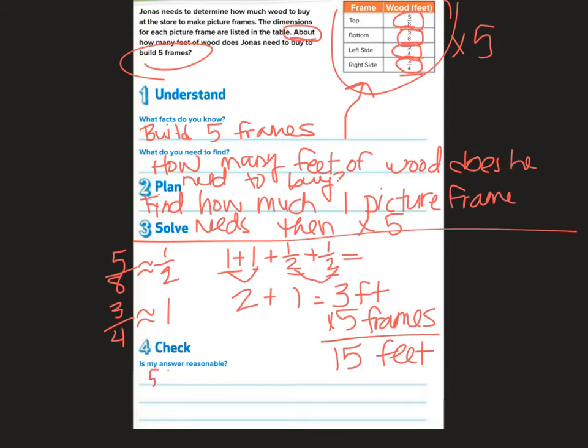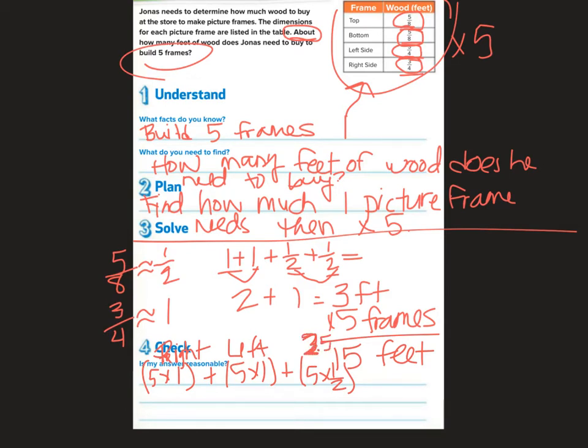If I did 5 times 1 to figure out how many tops, oh, sorry, this would be the right, plus 5 times 1, which would give us how many left sides I need, plus 5 times 1/2, which would be 2.5.